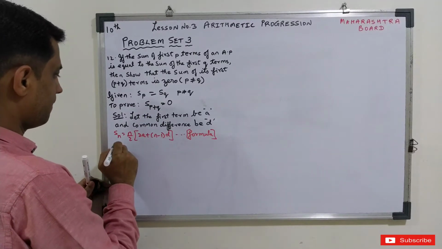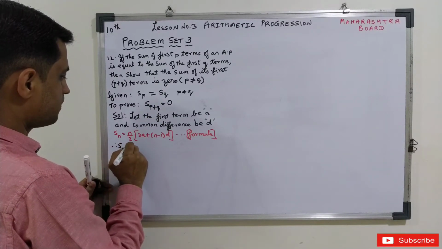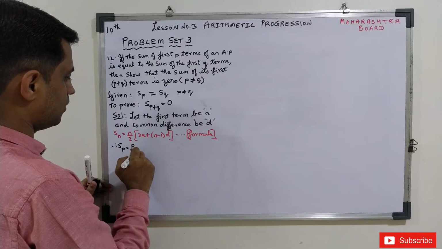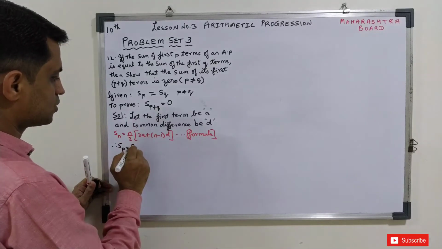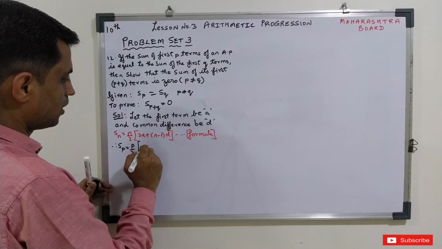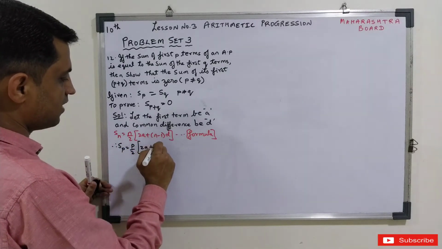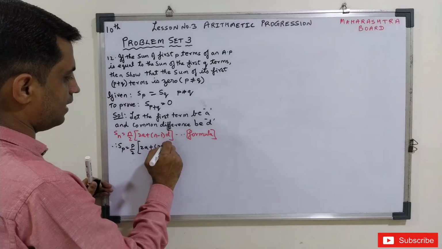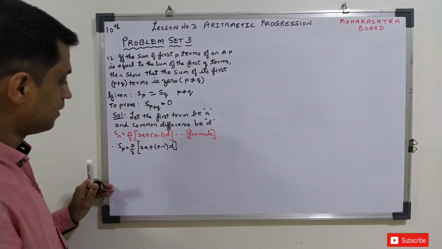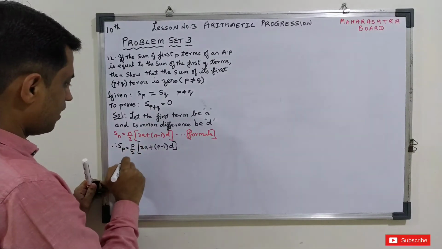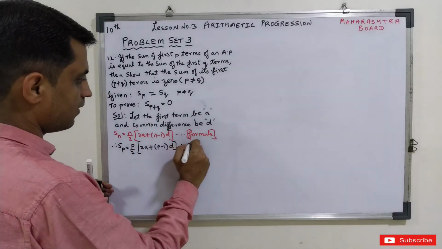So SP is equal to P upon 2, it is 2 here, (2a plus P minus 1 into d). This will be our statement 1.